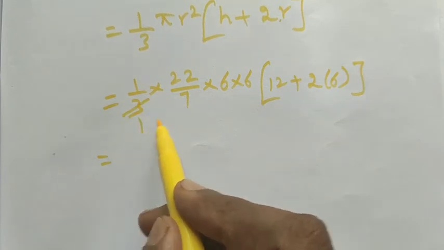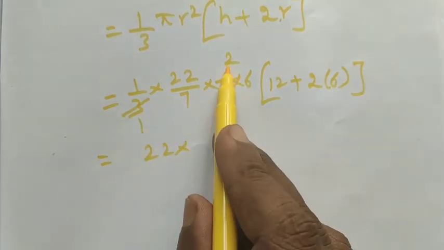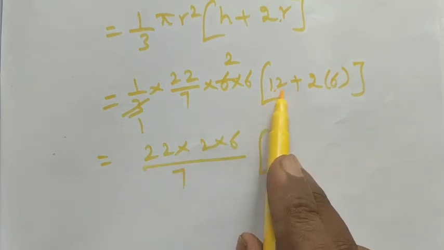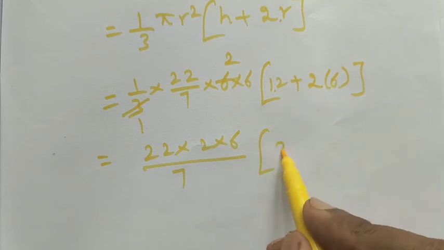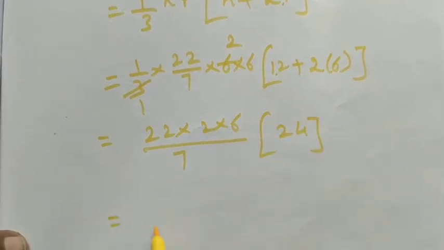Now substitute this, we get the value. So 3 1s are 3, 3 2s are 6. So 22 into 2 into 6 divided by 7 into 12 plus 2 6s are 12. 12 plus 12 is 24. Now multiply the numerator terms, divide by 7.